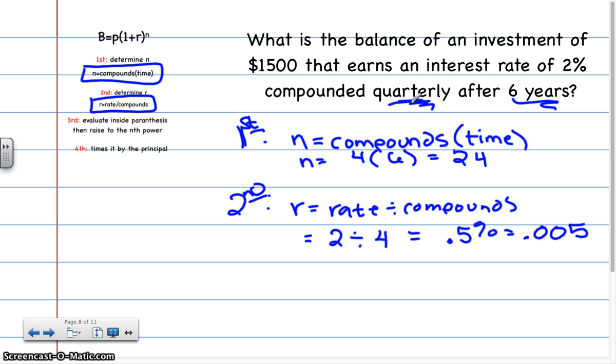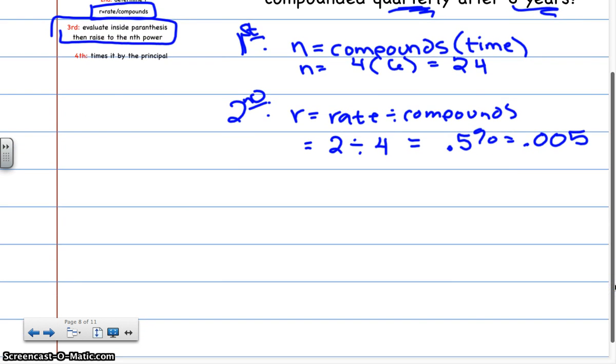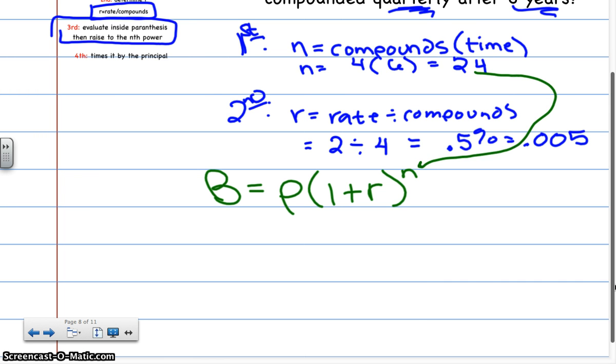Step 3. I now utilize this formula. My balance is equal to my principal times 1 plus r all to the n. Well, I have my n, I have my r, I have my principal, and then I find my balance.